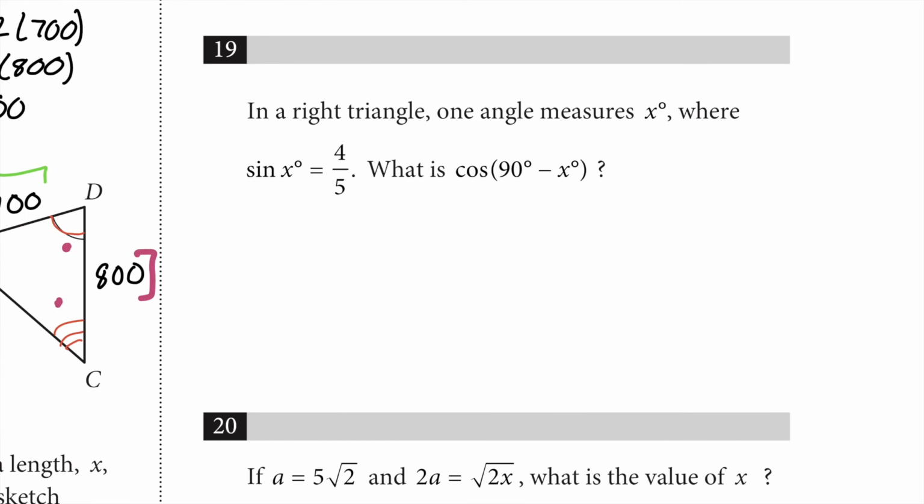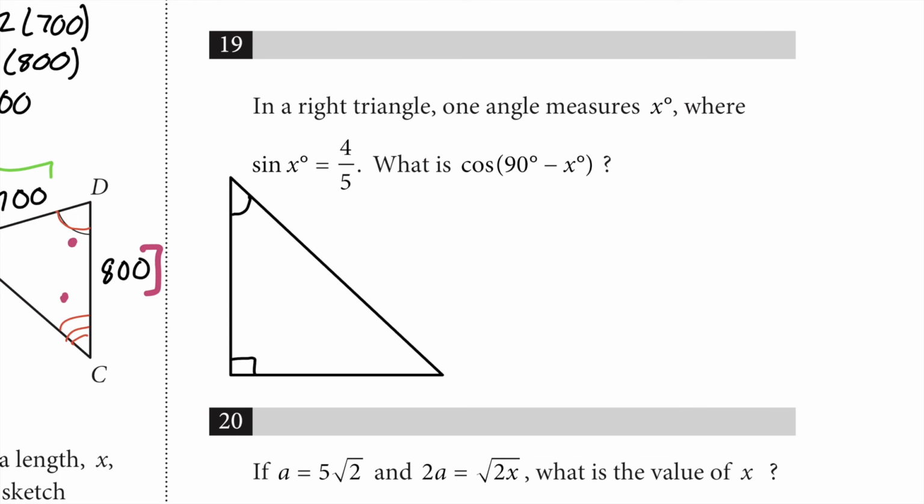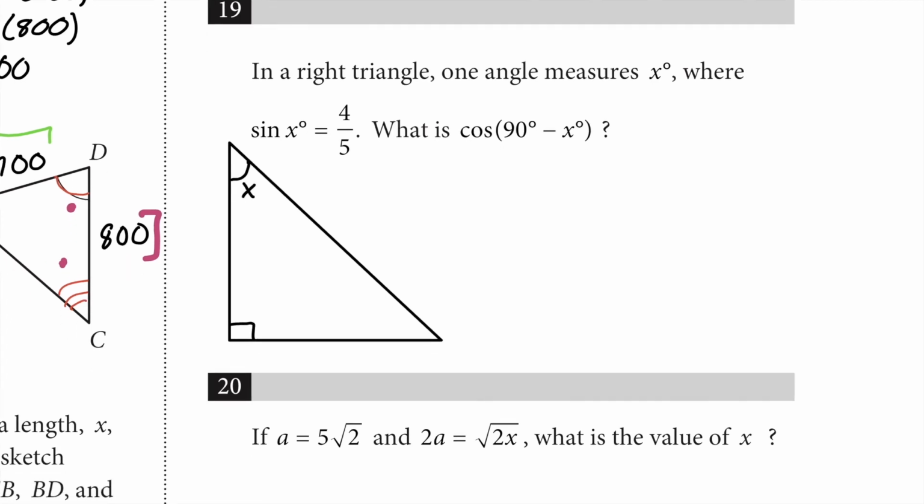In a right triangle, one angle measures x degrees, where sine x degrees equals 4/5. What is cosine of 90 degrees minus x degrees? So let's draw a triangle. We know it's a right triangle, so it has an angle of 90 degrees, and it has an angle of x.